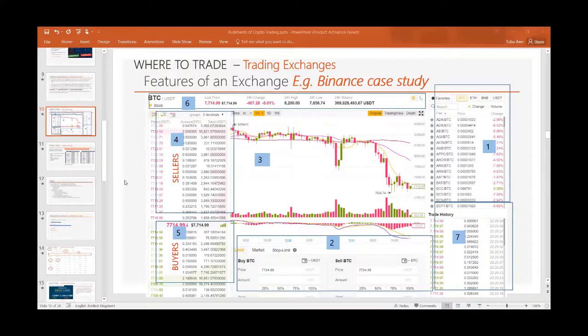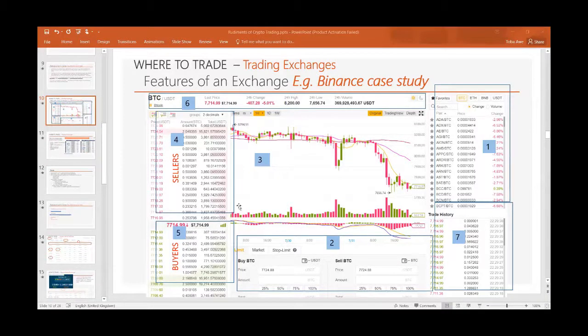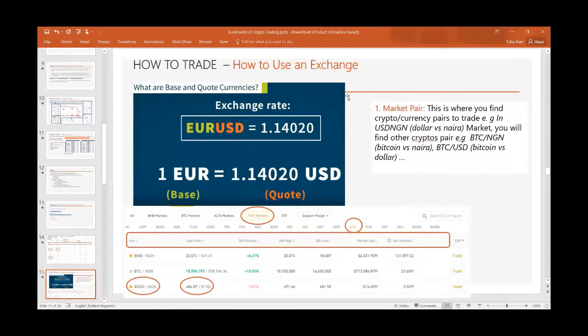So just note that. Let me ask a question, please, and post it in the chat group. Please, on this screen, this one that is highlighted, BUSD/NGN, what market am I on here?